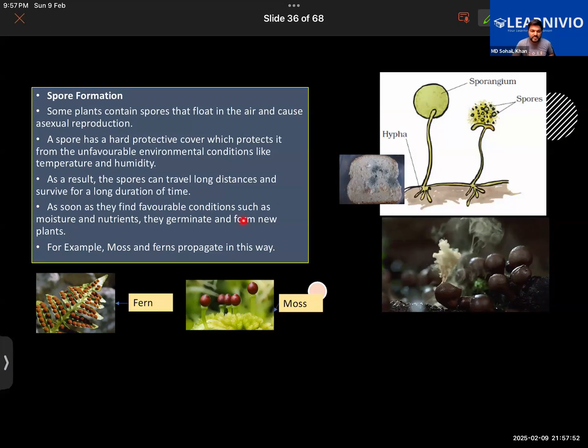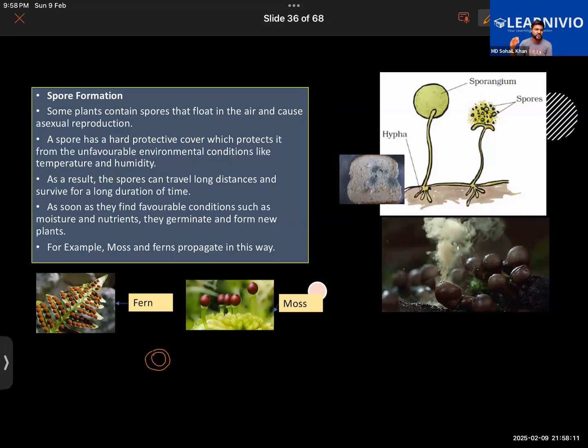I was saying that some plants have spores growing on them. And spores have a hard protective cover around them, so they do not get spoiled very easily. The hard protective cover protects them from unfavorable environmental conditions. If the temperature or humidity or pressure rises too much, they will still be protected.